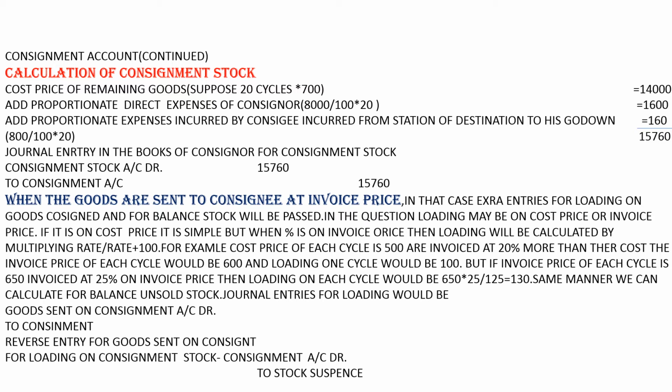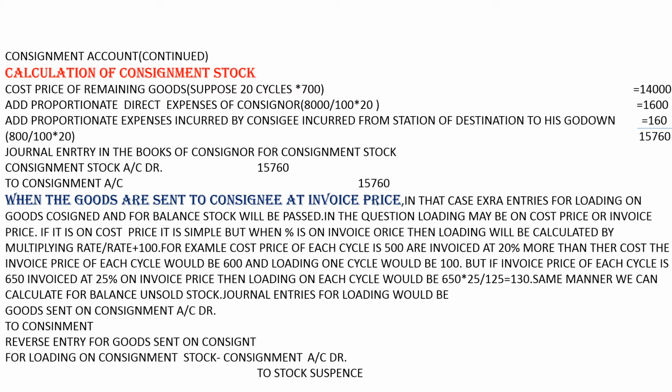When he is sending goods at invoice price, in that case, extra entries for loading on the goods consigned and on the balance of stock will be passed. In the question, loading may be on cost price or invoice price.